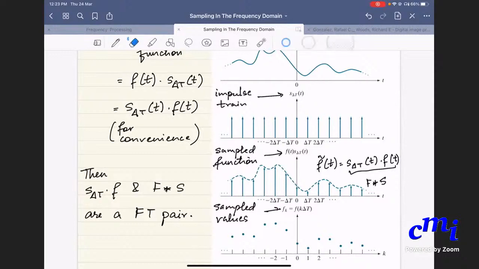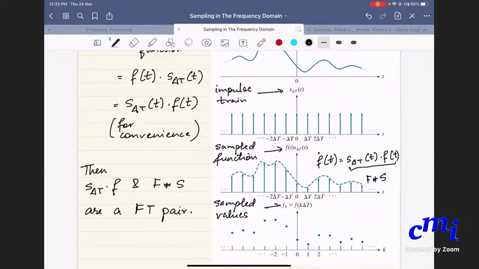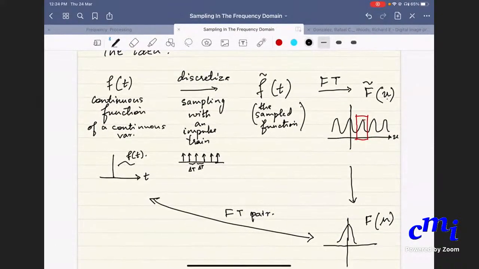Remember, the general idea was that you take the Fourier transform of f tilde. That was what I expressed here in the general picture. We have f tilde, and we want to take its Fourier transform.